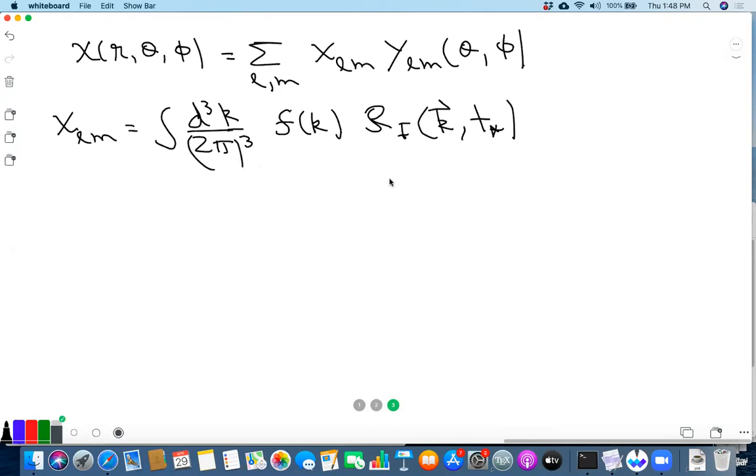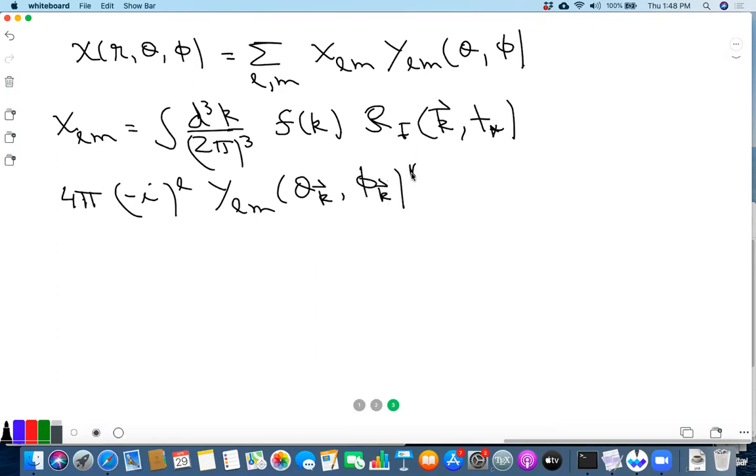Okay, so this is Ri k star, and then we have all these factors: 4 pi, minus I to the L, YLM theta k phi k star, JL kr.